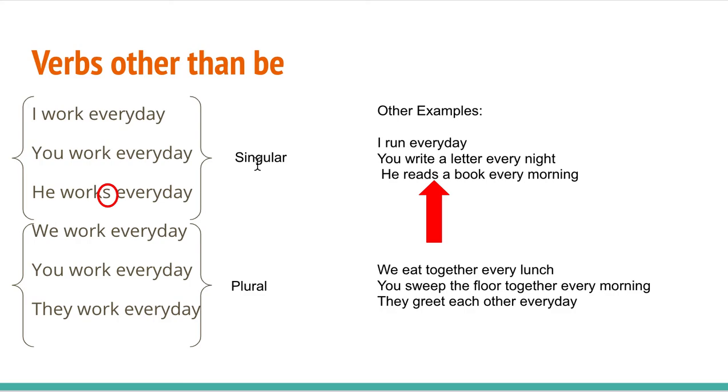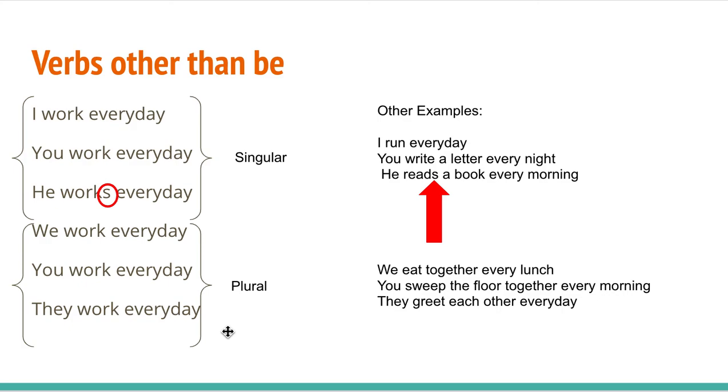You work every day. Now, when you have he, she, or it, the s is added after the verb. Okay, so he works every day. We work every day. You work every day.